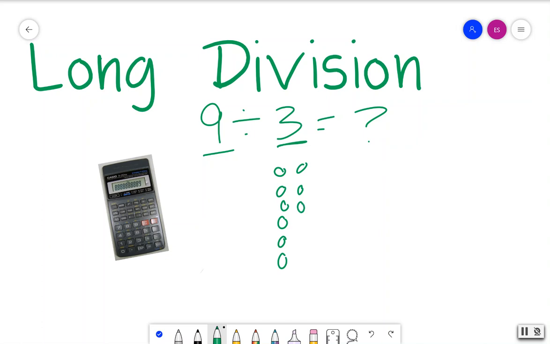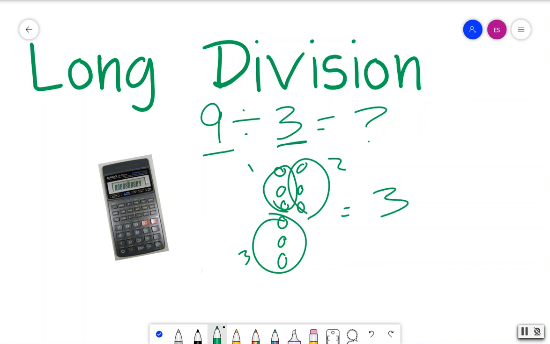Okay, there I have 9 hypothetical objects, and I'm going to count off 3 and make groups. So 1, 2, 3, 1, 2, 3, and 1, 2, 3. Okay, so if I start with 9 and I group it into groups of 3, I can make 3 groups.